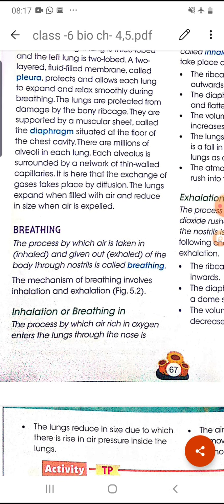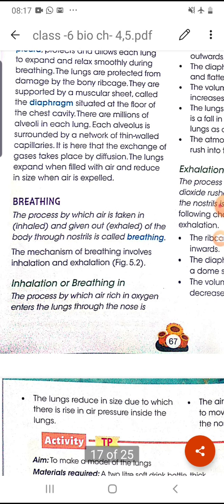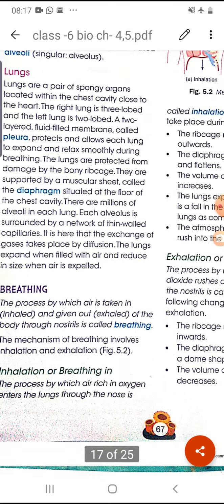They are supported by a muscular sheath known as the diaphragm. This diaphragm is situated on the floor of the chest cavity below the lungs.